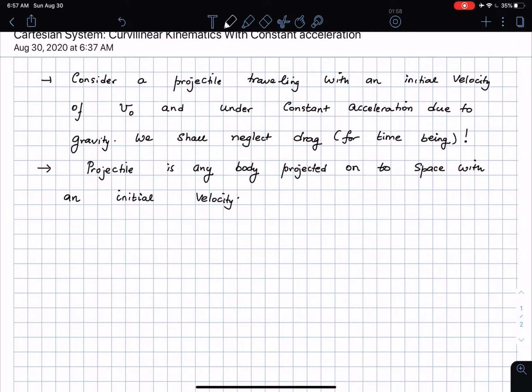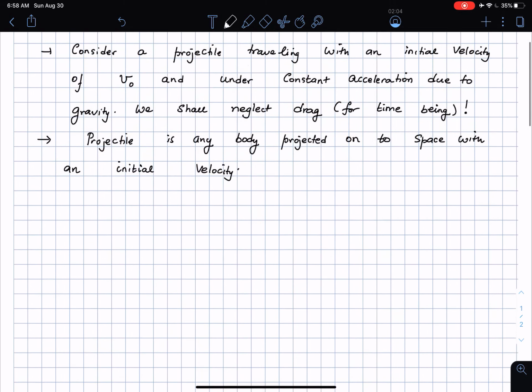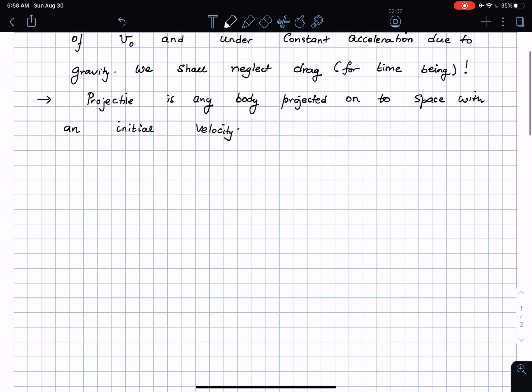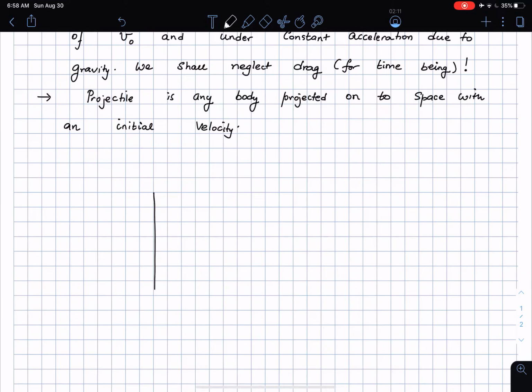All right. So let me start off by drawing a Cartesian coordinate frame and then looking at the hypothetical motion of this projectile. The Cartesian coordinate frame, as you know, is your typical x-axis and y-axis as drawn here. This is the x direction, this is the y direction.